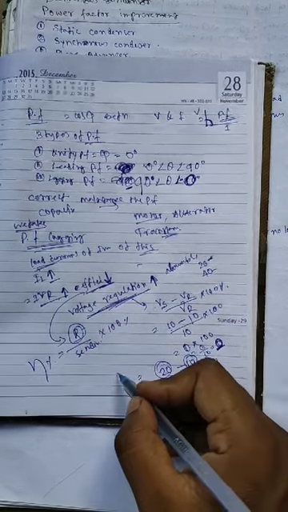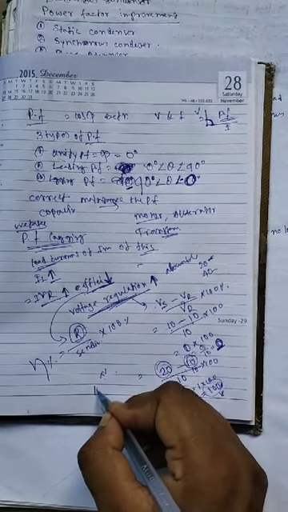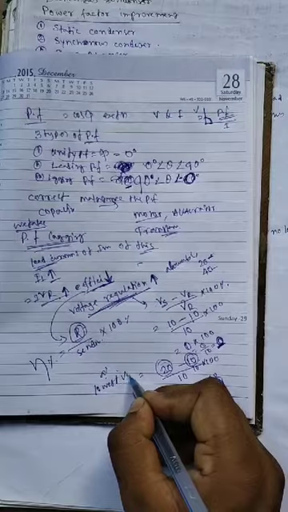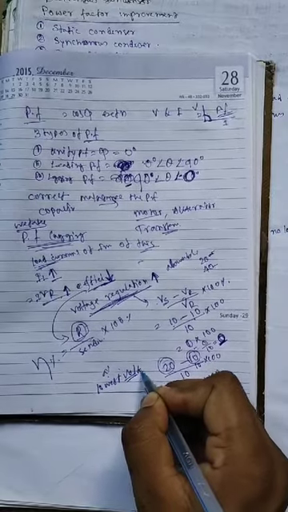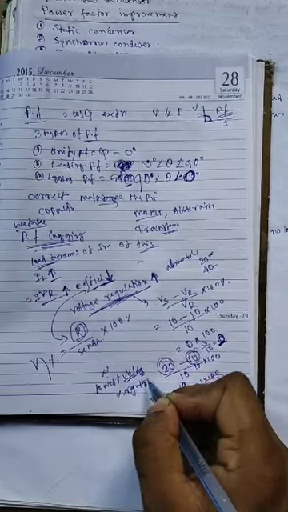So we always consider the lowest voltage regulation in a transmission line.